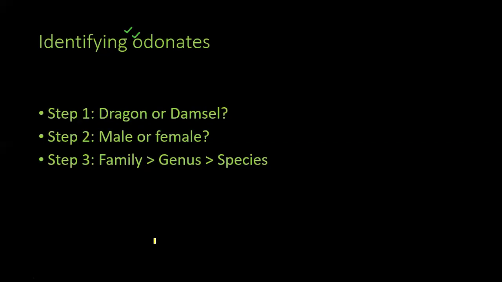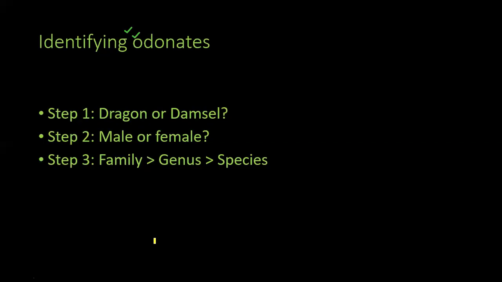Because most of the time, the field keys, the identification keys that we have developed are usually suitable for males. Because males have more colorful morphology, and because of the reasons that I've discussed earlier, they also have more structurally distinct organs like the caudal appendages and secondary genitalia, which is absent among females.